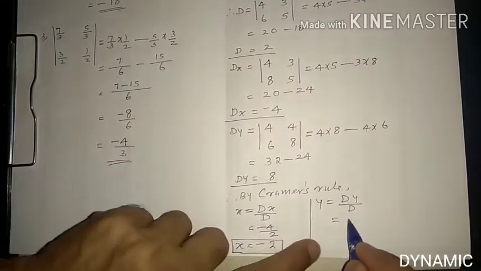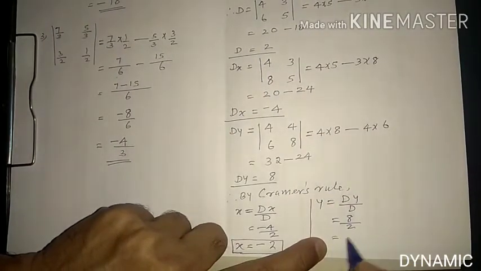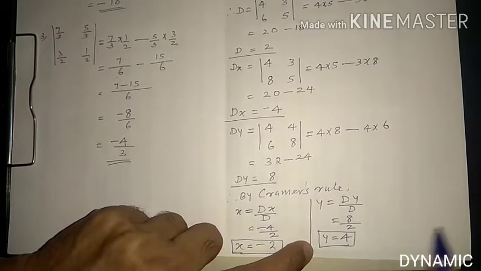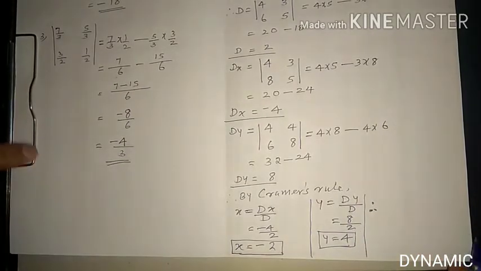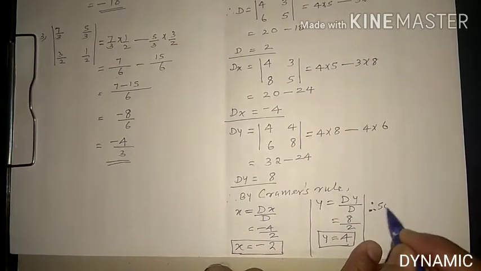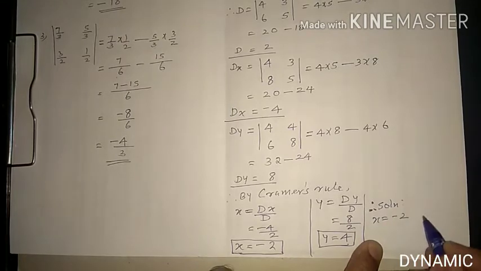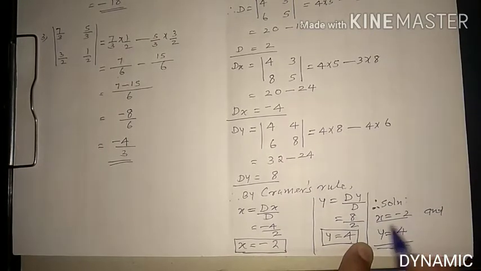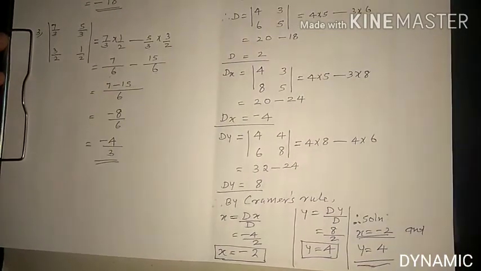Dy is 8 upon d is again 2. Cancels 4 times. Y is 4. Therefore, here we complete. Solution: x is equal to minus 2 and y is equal to 4. These are the solutions.